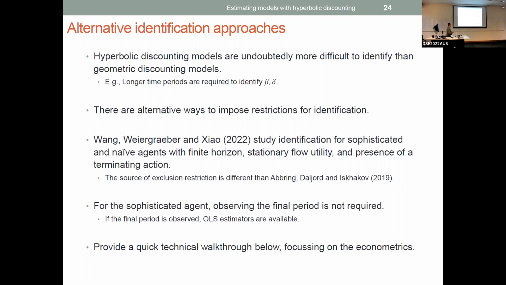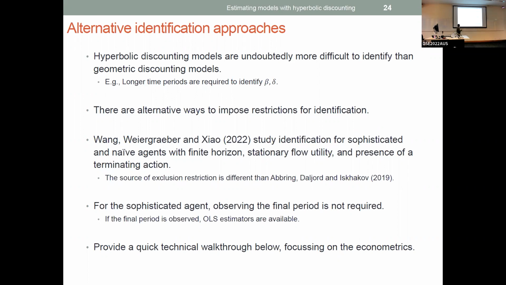And they assume a presence of a terminating action. So the source of exclusion restriction is quite different, and the way they cancel out the utility flows is different. But in this case, the hyperbolic discounting parameters are identified.